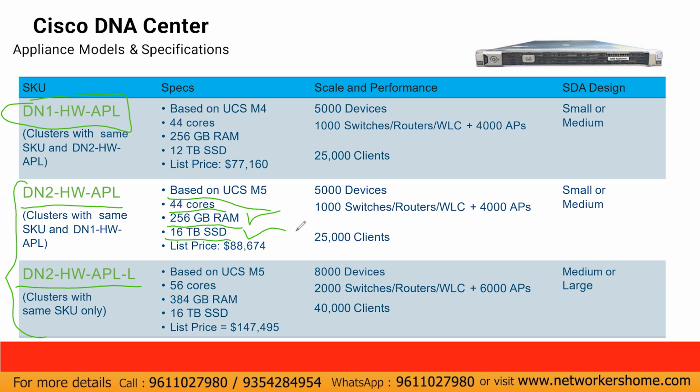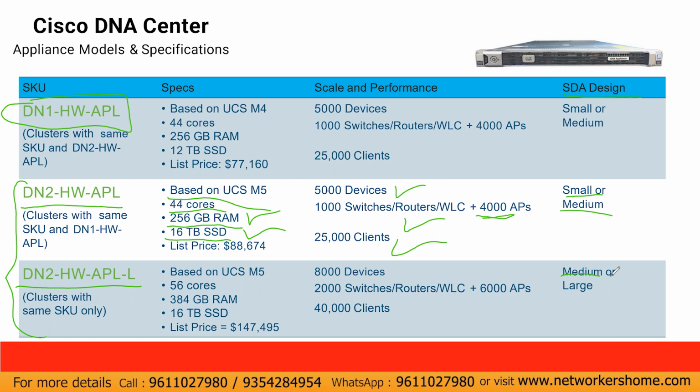And the scale and performance, you can see it can handle 5,000 devices: 1,000 switches, routers, WLCs, plus 4,000 access points, and the concurrent clients it can manage is 25,000. This is recommended for small and medium SDA design.